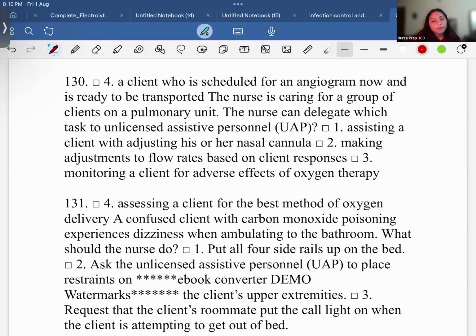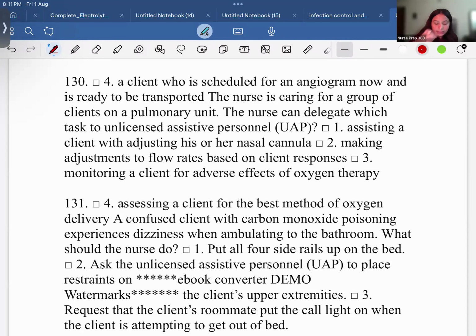First of all, the UAP will come to you and say, I don't know what oxygen therapy is, madam, so I cannot do this. I don't know how to monitor or assess, because these are not functions of a UAP. A UAP can only assist you. Okay, just go take a BP. Assist the patient in coping. Yes. So these are the work of a UAP. Number 1 is the correct answer.